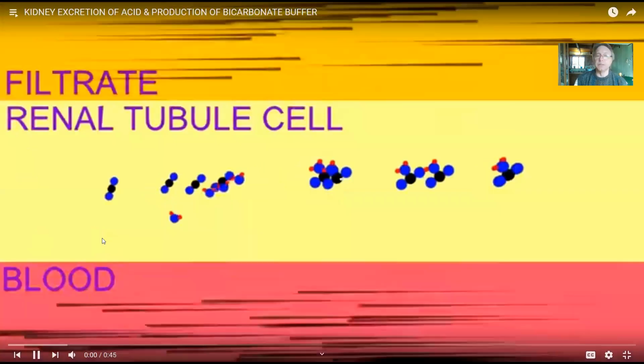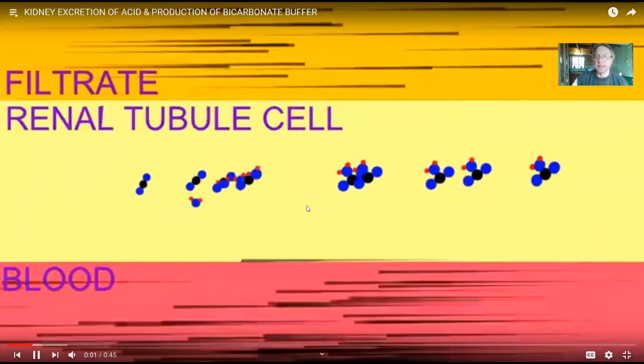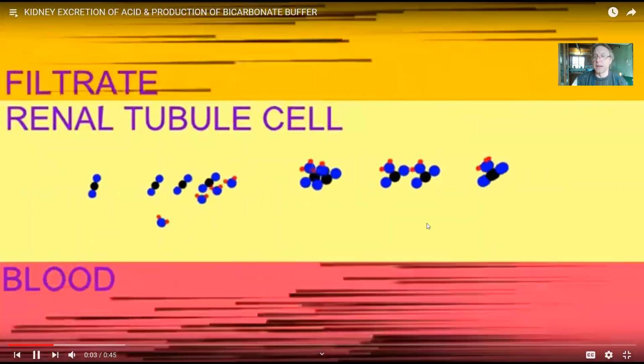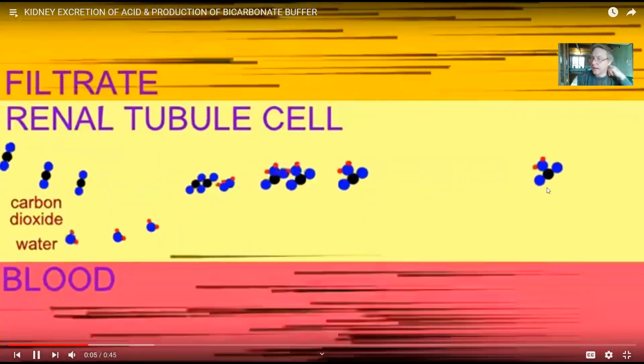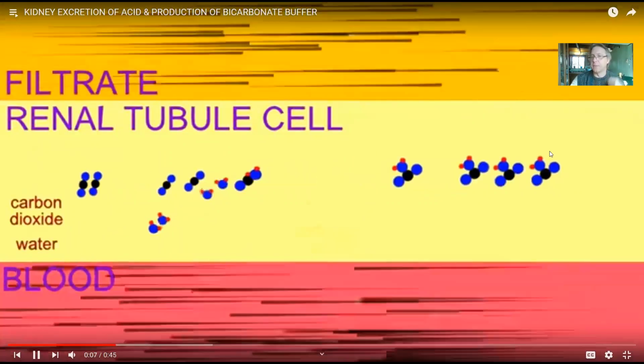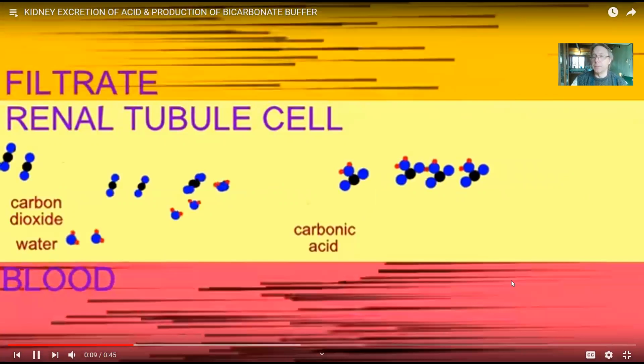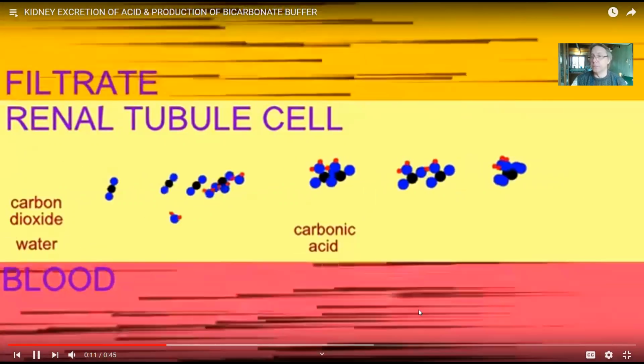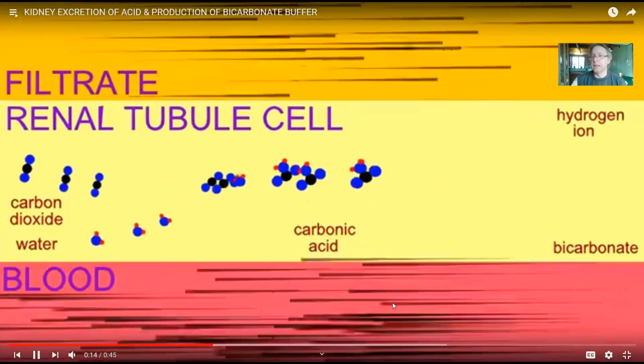The third mechanism, which takes the longest to engage, is that we change how much acid can be released in our urine. The kidney tubule cells can take carbon dioxide and water, put them together to make carbonic acid, and then can make hydrogen ions and bicarbonate. The bicarbonate can be shipped into the blood, where it's a blood buffer, so that will make the blood less acidic.